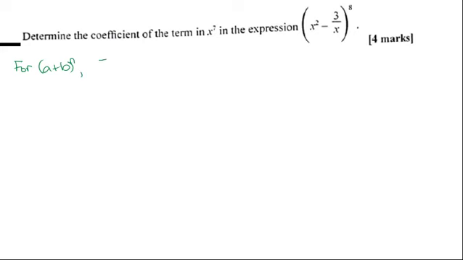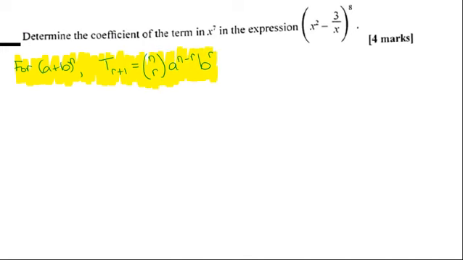And the formula is t subscript r plus 1 is equal to nCr a to the n minus r times b to the r. So if a question requires a particular term, this is the formula that we use to generate the term.